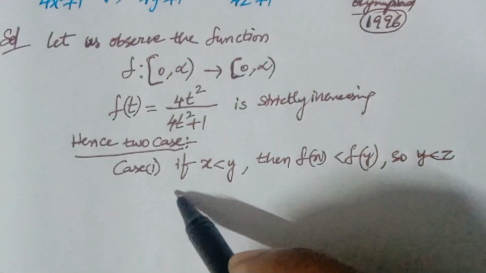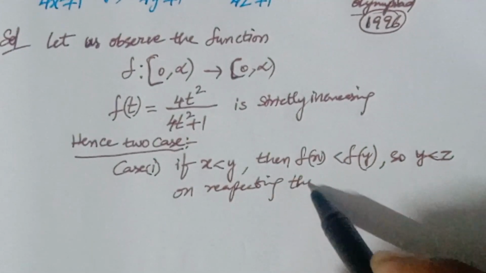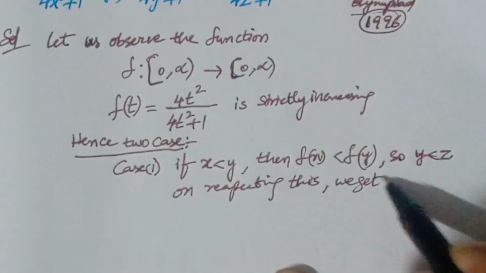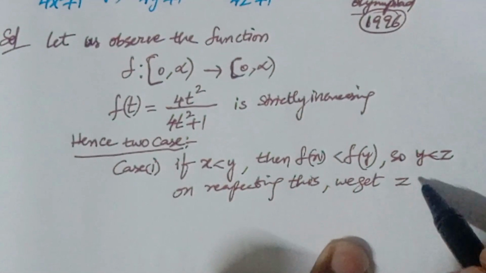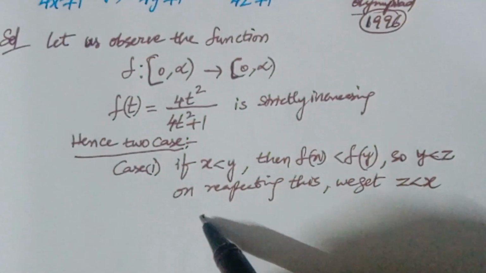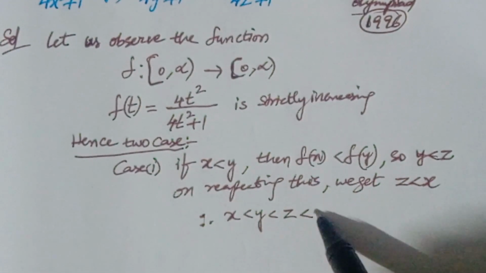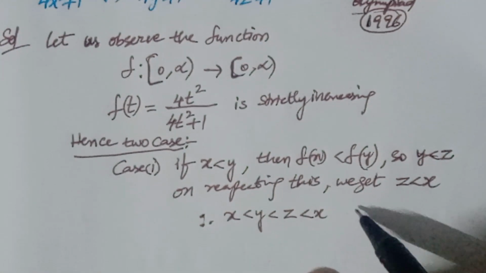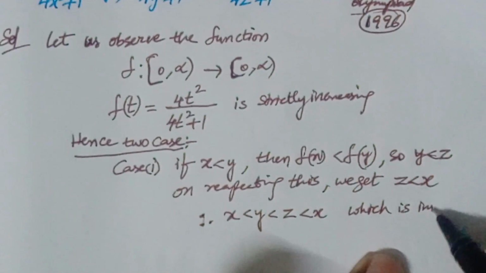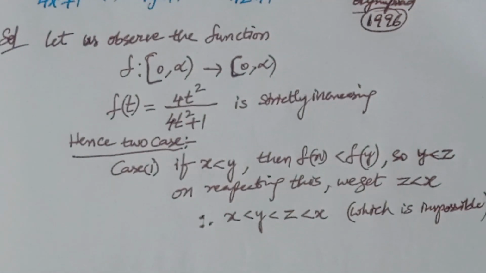On repeating this argument, we get z is less than x. So from this you can write x < y < z < x, which is impossible. It is not possible.